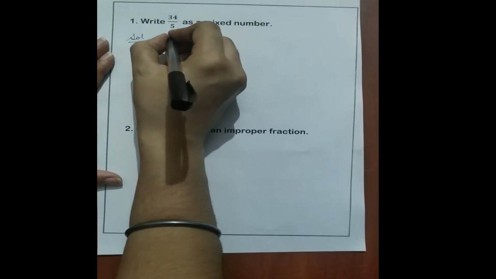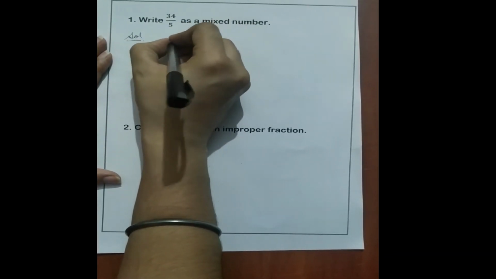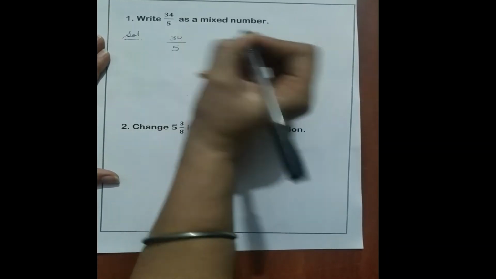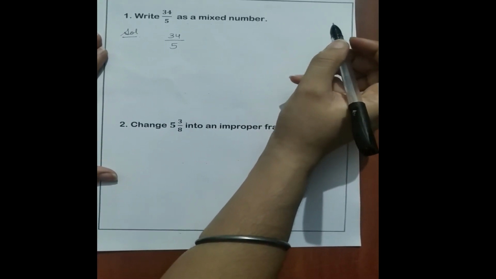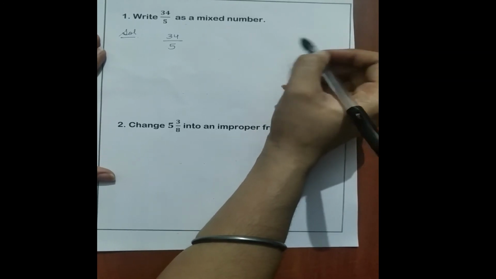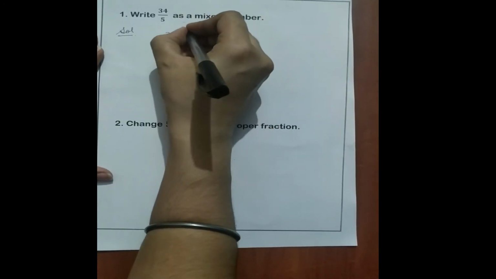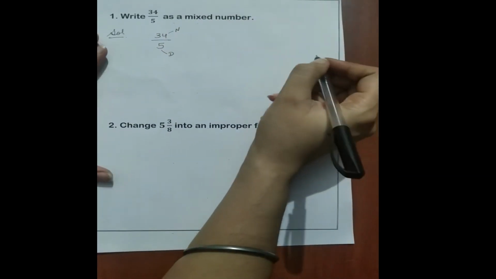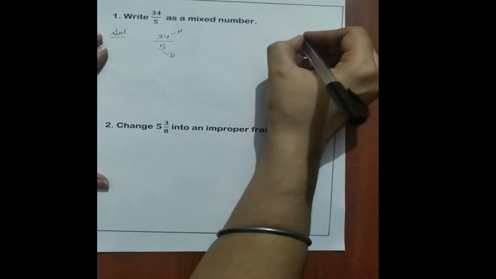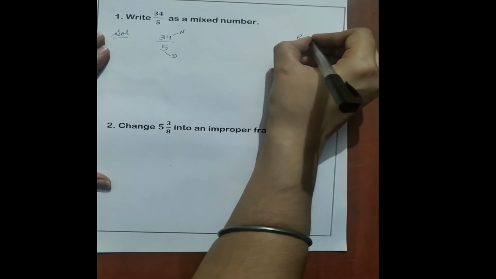Step 1 is divide the numerator by the denominator. This is the numerator and this is the denominator.